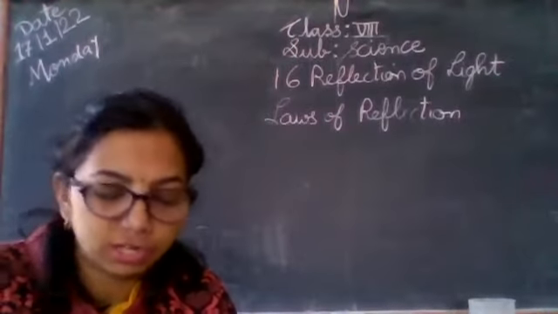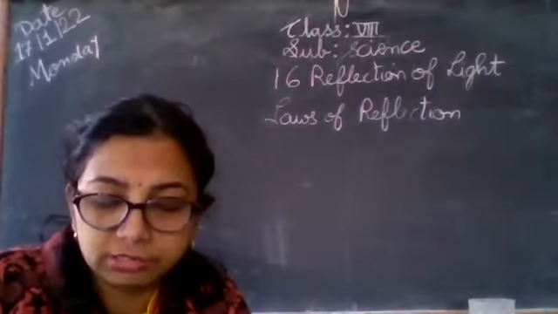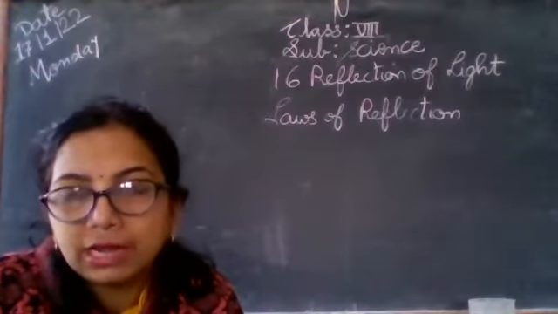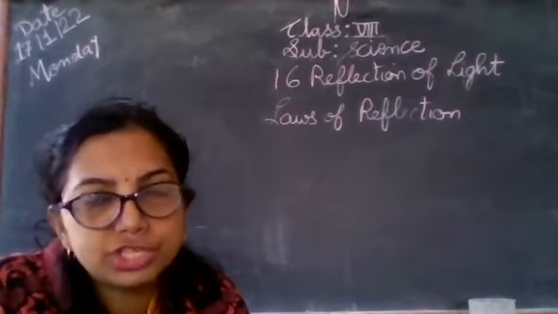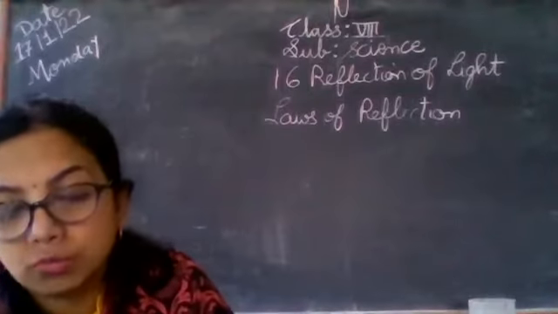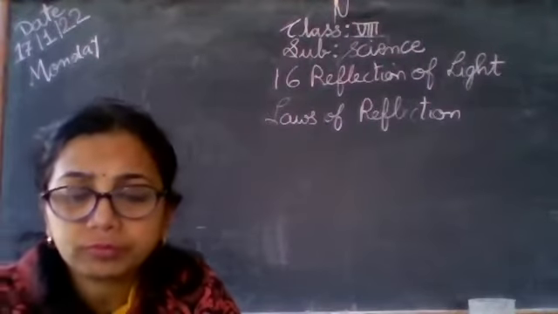Which are the five sensory organs in our body? We have skin, that is related to touch, nose for smelling, tongue for taste, ears to hear, and eyes to observe. So eyes are considered to be the most important sensory organ in our body.